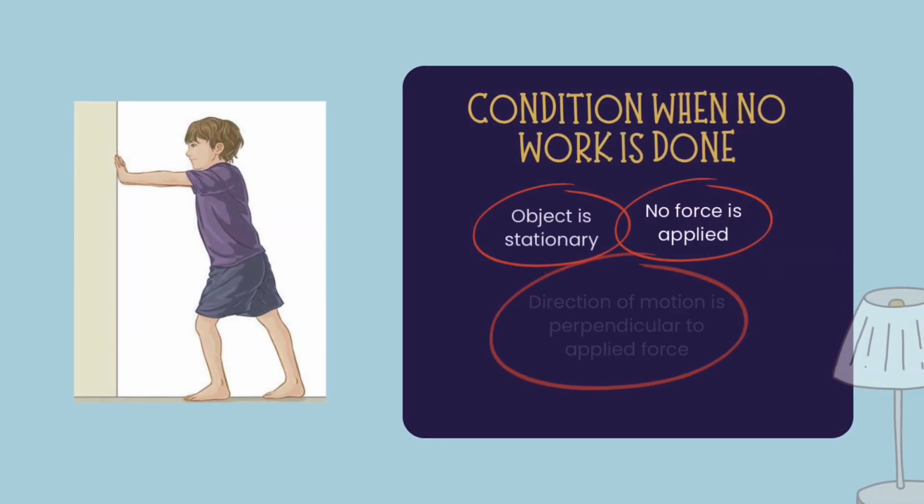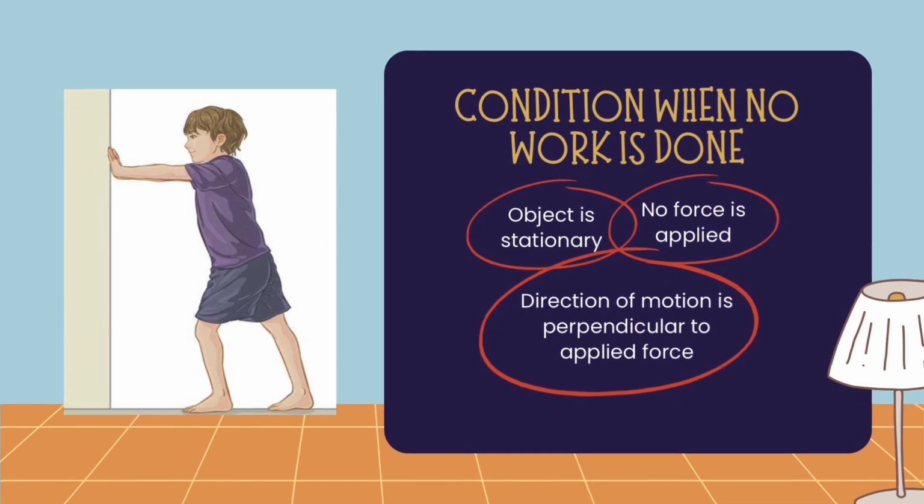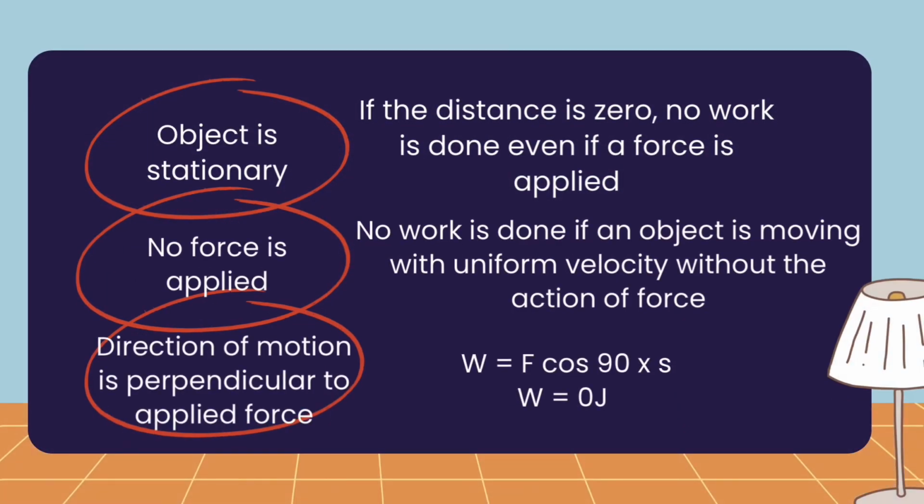The last one is condition when no work is done, which is object is stationary, or no force is applied, or direction of motion is perpendicular to applied force. If the distance is 0, no work is done even if a force is applied. For example, if you push a wall, the wall will not move even after we applied the force.